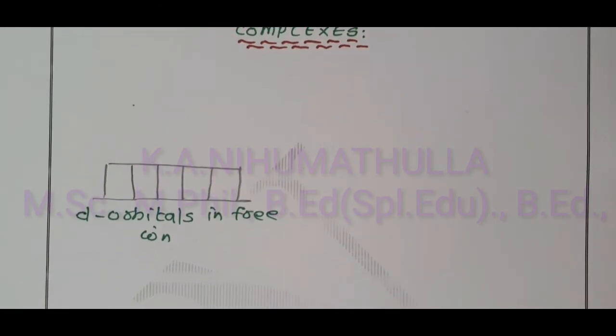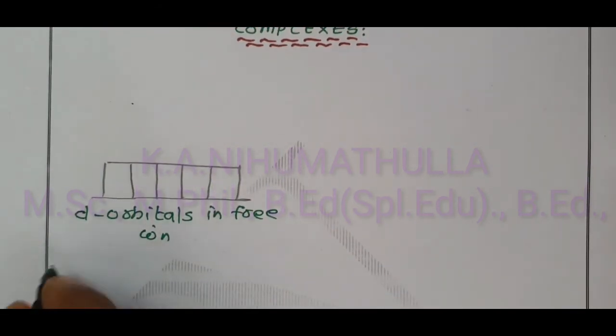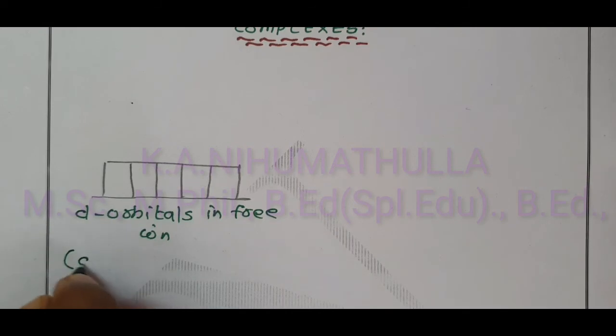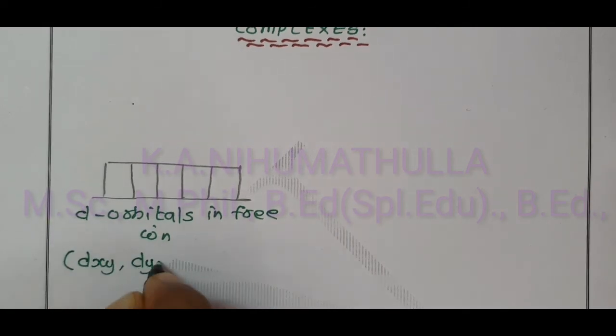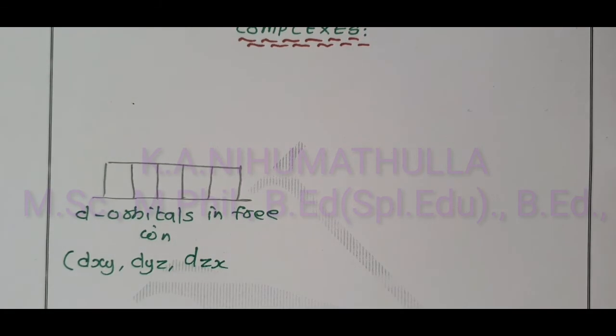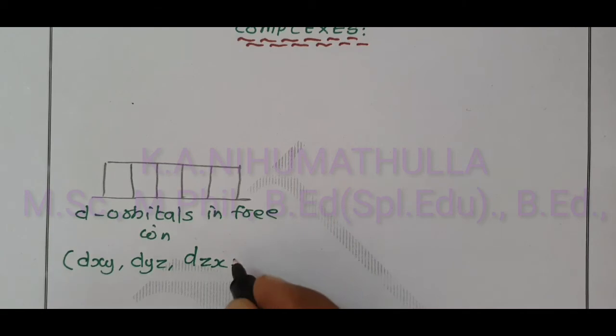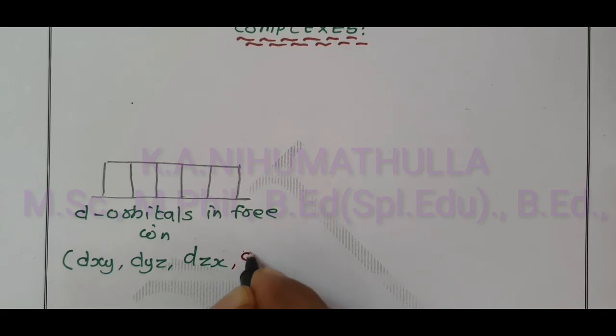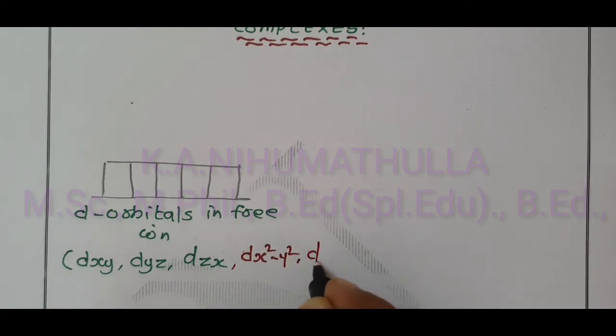There are 5 d orbitals we know. What are they? Dxy, dyz and dzx. And the other 2 orbitals, which are always along the axis, are dx squared minus y squared and dz squared.